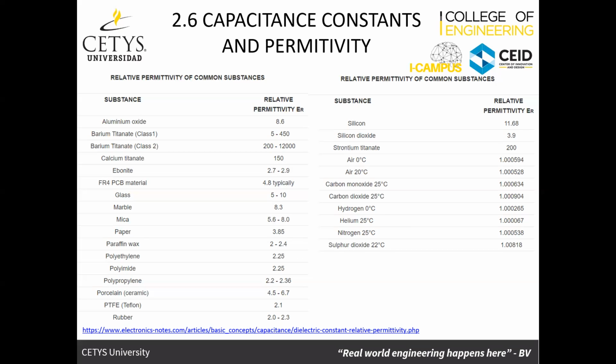The absolute permittivity is going to be that value multiplied by this constant. So if we wanted the absolute permittivity of glass, it's 5 times 8.85 times 10 to the minus 12. This value that we're seeing here is just a constant. It has no multiple.